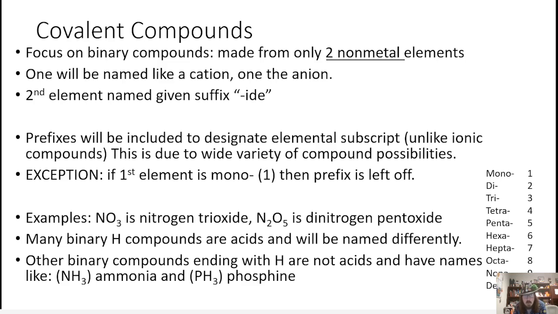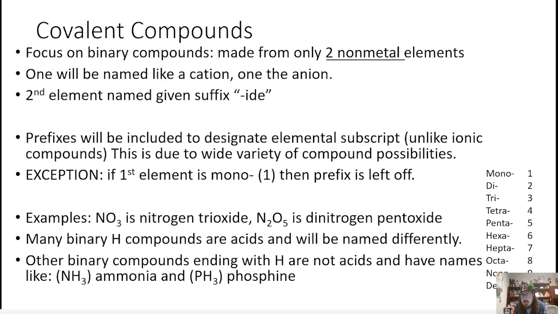If I have NO3, that is nitrogen trioxide. So the first guy is named like a cation, no change. Because it's 1, we just call it nitrogen. Oxygen is converted to oxide, and because there's 3 of them, we call it trioxide.